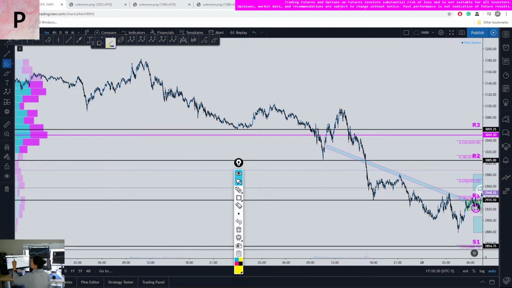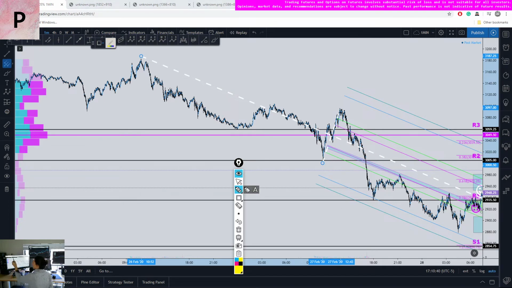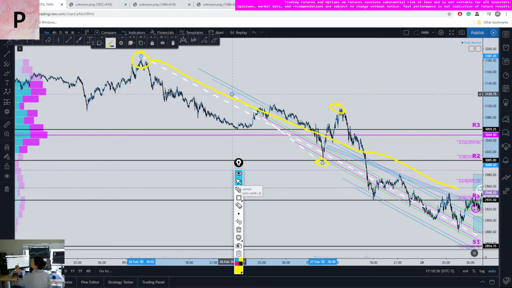Right, so check this out. I'm going to take this pitchfork and draw it from the low to the high. So three points there: high, low, high. And then I get this midline center here that gives me symmetry.